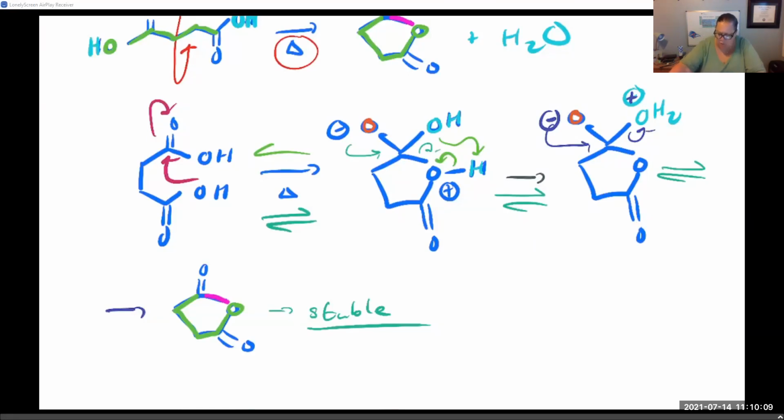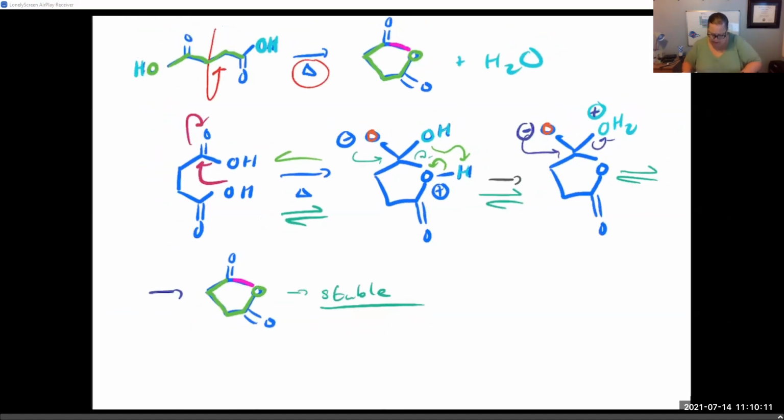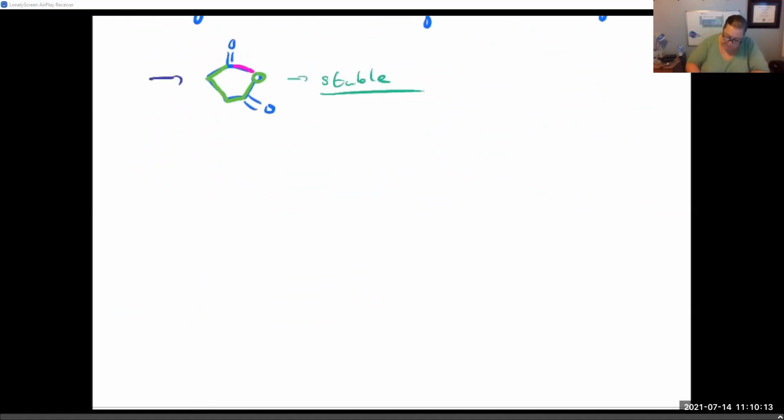The next one is probably one of the most famous reactions ever. And again, if you're in the lab, you just did it, and it's referred to as the Fischer esterification.